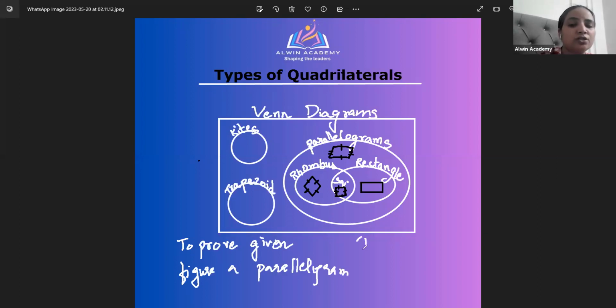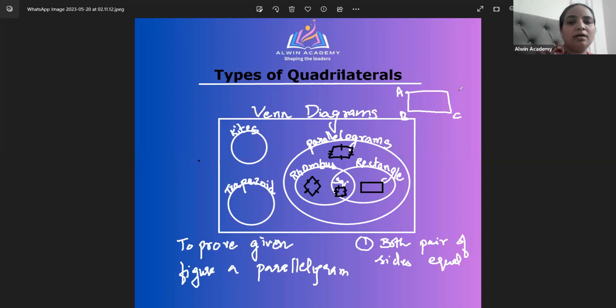There are three conditions. One, prove both pairs of sides equal. This is one way of doing it. So if I have this diagram in front of you and I call it ABCD, to prove this ABCD is a parallelogram, what should be done? AB should be equal to CD and AD should be equal to BC.